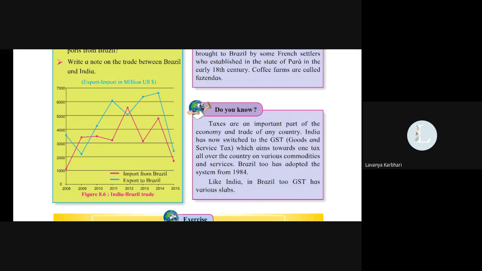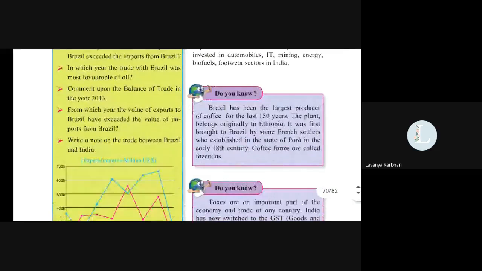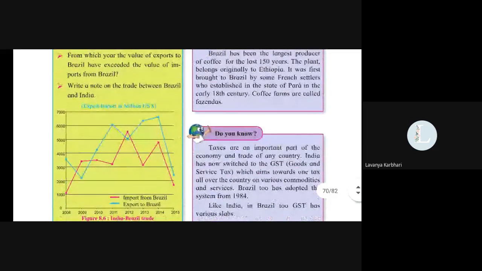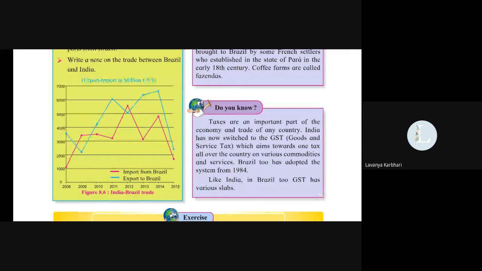So they have asked in which year the export has surpassed or exceeded the import. म्हणजे कोणत्या वर्षी भारताचा एक्सपोर्ट हा ब्राझीलला इम्पोर्टपेक्षा जास्त झालाय.